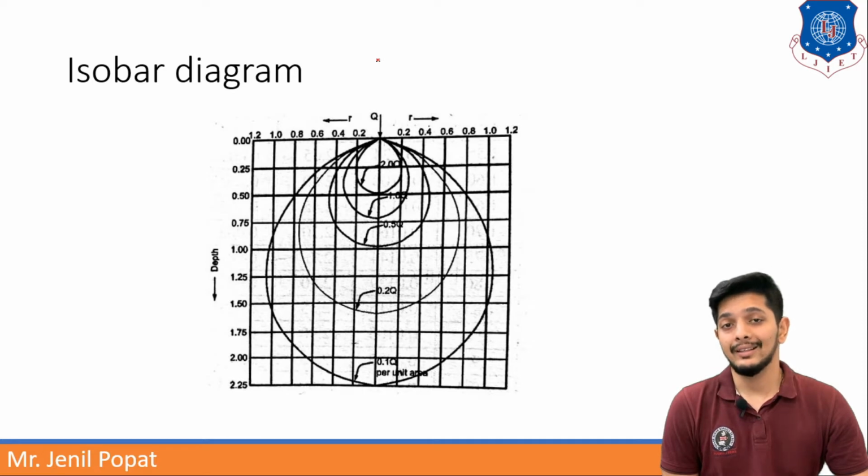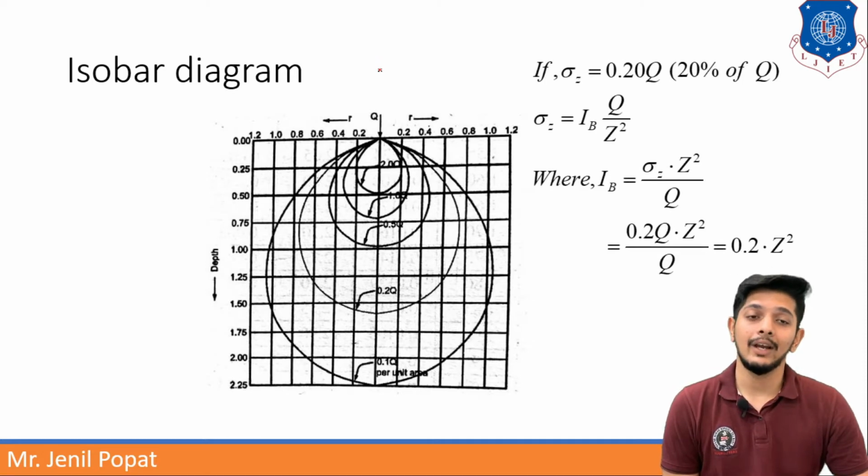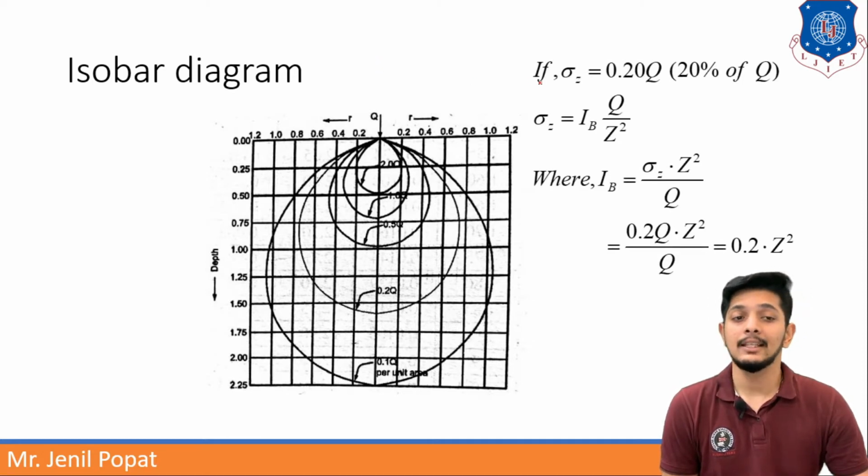Let us take an example for understanding the isobar diagram. If sigma z is 0.20 q, that is 20% of q, and we want to plot the isobar diagram for 20% of the loading, we can use sigma z equal to Ib into q by z square, so Ib will be sigma z into z square by q.